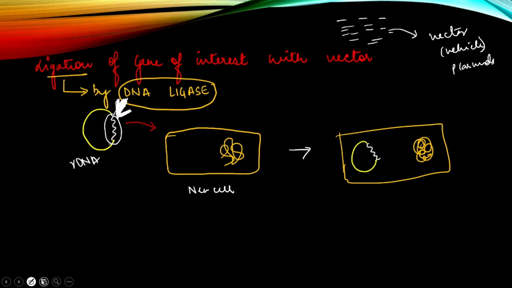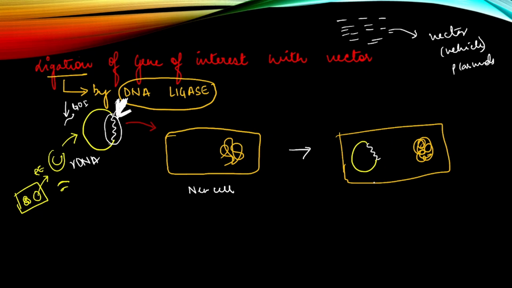And from where have we taken this plasmid? Say this plasmid, this is another DNA, and this plasmid we have taken out and cleaved with the help of restriction endonuclease. This is the other part. So here we have attached our gene of interest. So here you get this, and how is it done? With the help of DNA ligase.